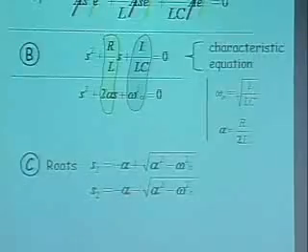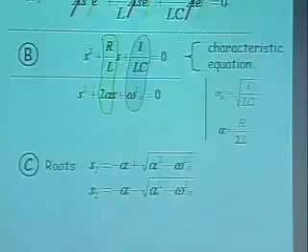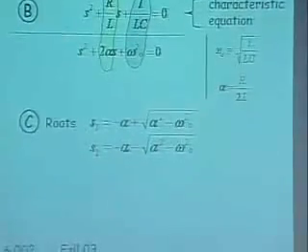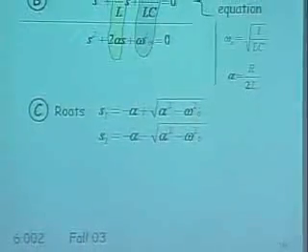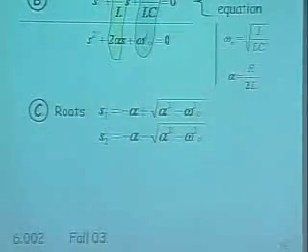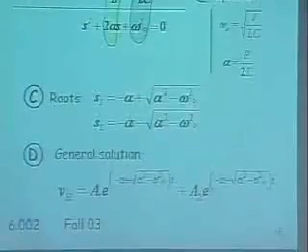So my step 3 to solve the homogeneous equation is to find the roots of the equation, S1 and S2, and here are my roots. Good old roots for a second-order S squared equation here. Finally, given that I have the roots, I can write down the general homogeneous solution.